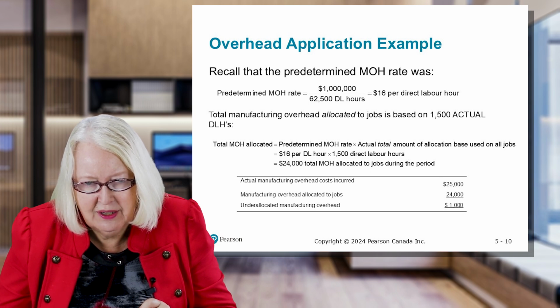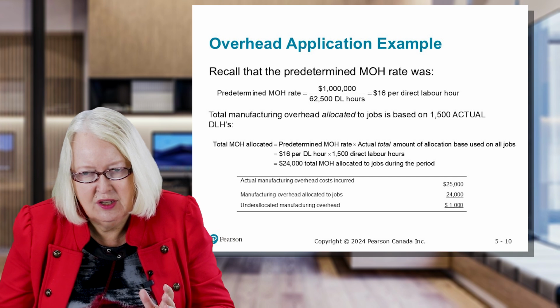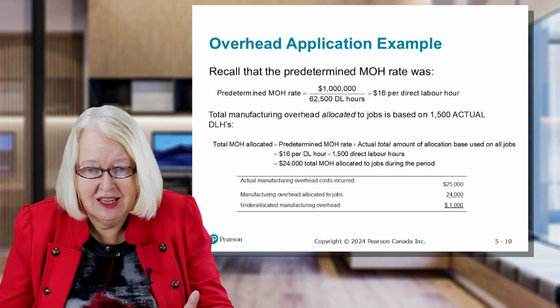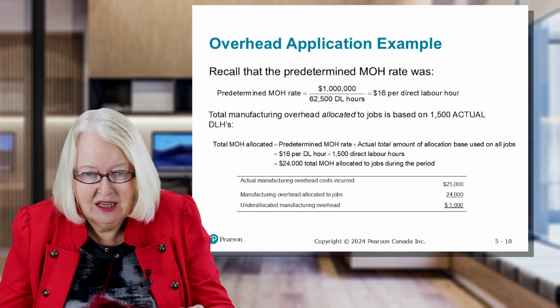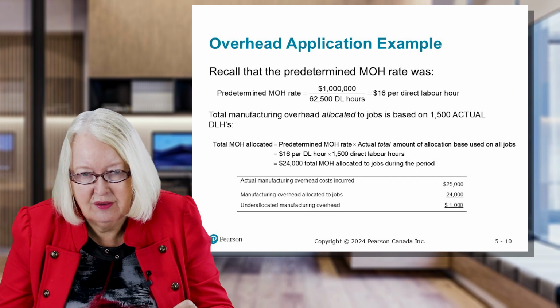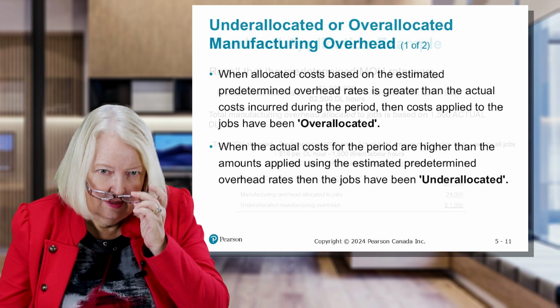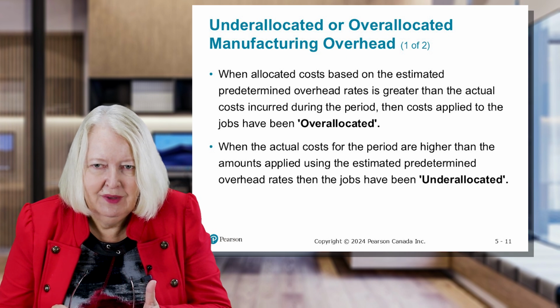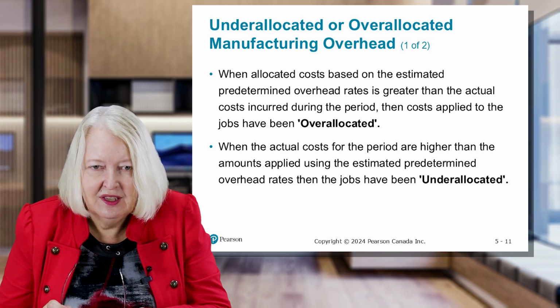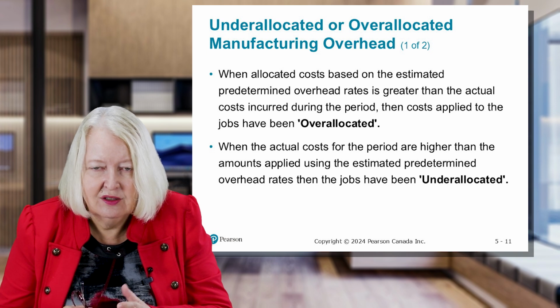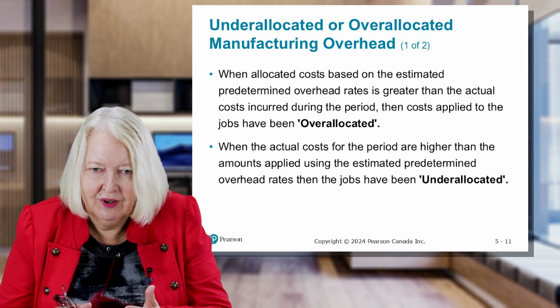So when the overhead was calculated at the end of the year, when all the bills are in, you know exactly what you have in overhead costs, it turns out to be a bit higher than what you had estimated by $1,000. So you have to obviously adjust for that at the end of the year. If the amount that you've allocated is greater than the actual cost incurred, then it's called over allocated.